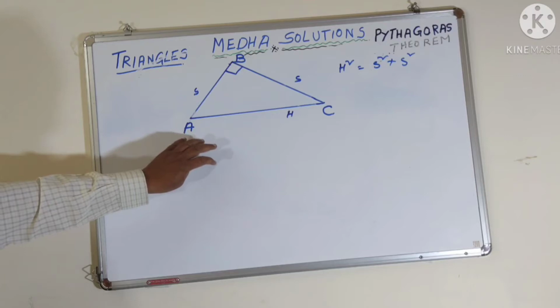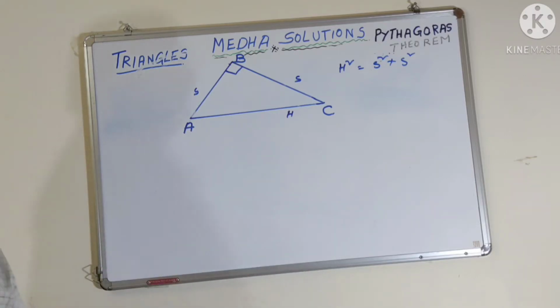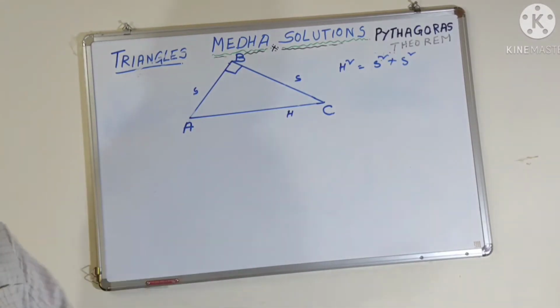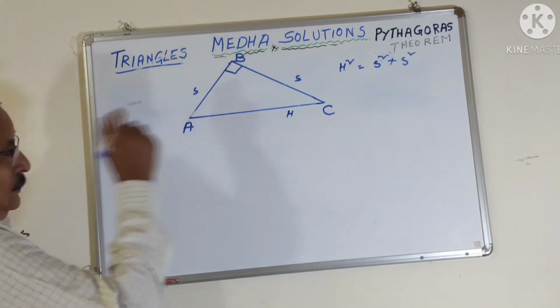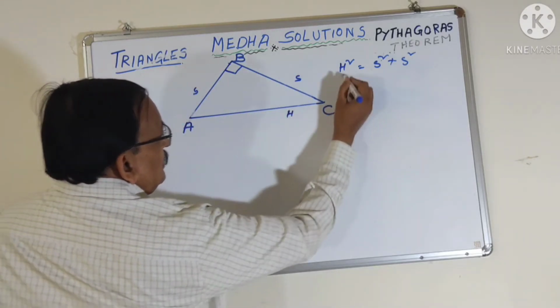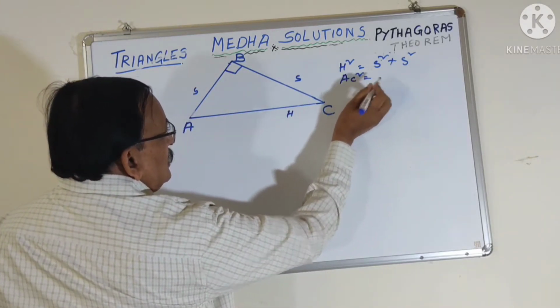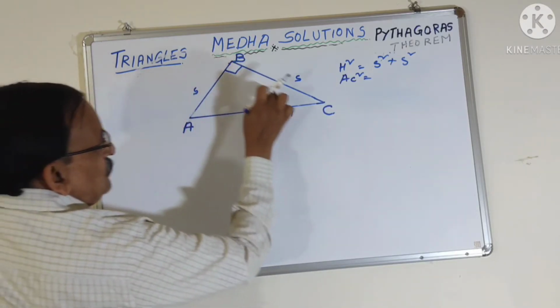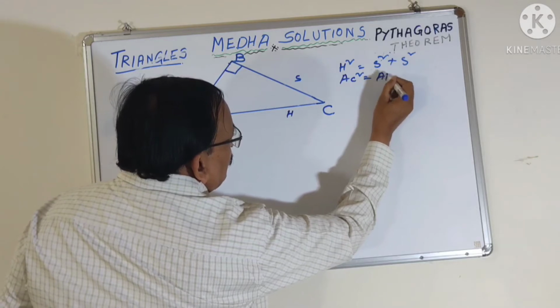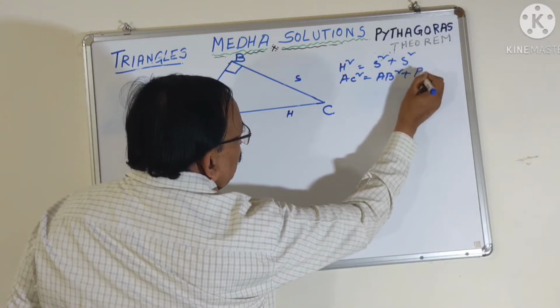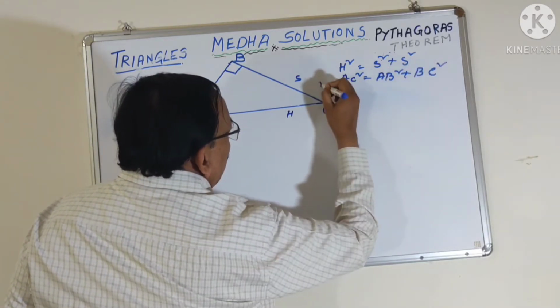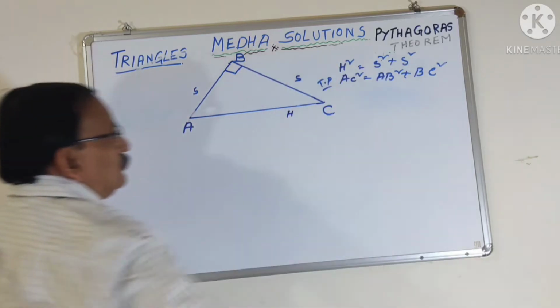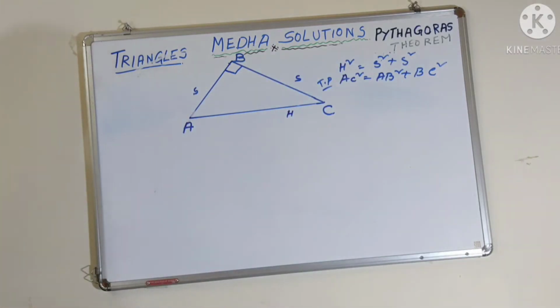Not the question of ABC, maybe PQR, maybe XYZ, letters may be different, but the process should be the same. Now, H means here AC, hypotenuse square is equal to AB square plus BC square. This we have to prove. To prove: AC square is equal to AB square plus BC square.